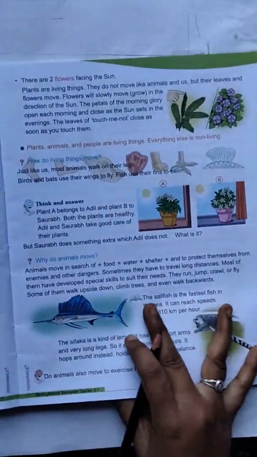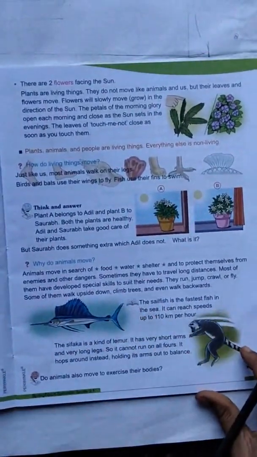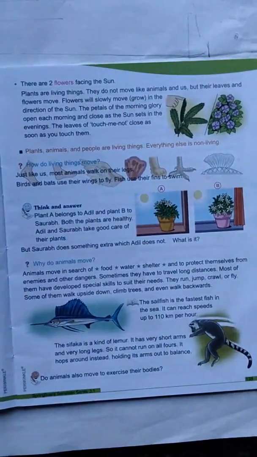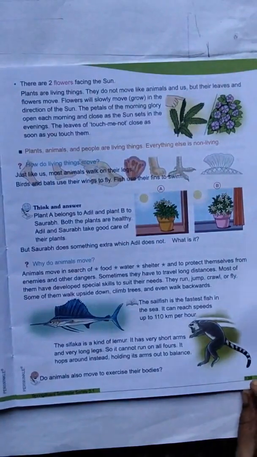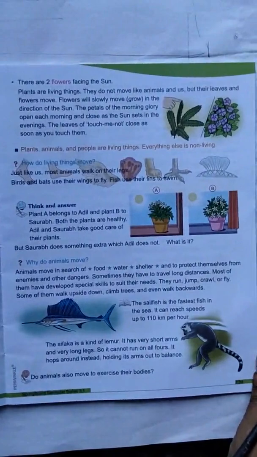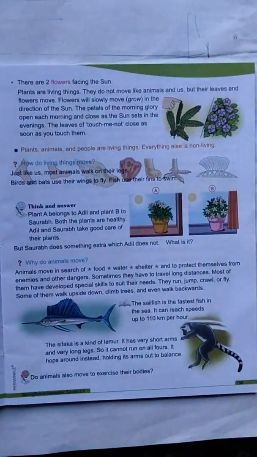Then next, there are two flowers facing the sun. Plants are living things. All plants are living things. They do not move like animals and us. But their leaves and flowers move.